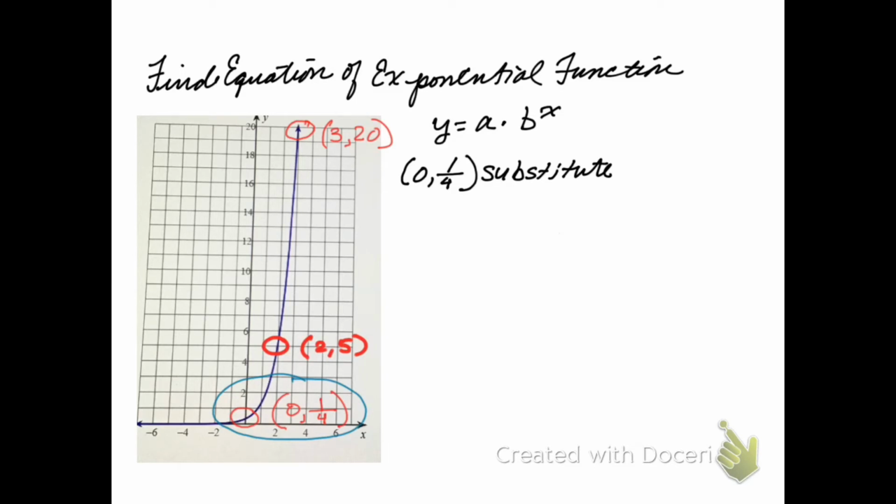So that's going to be y equals 1/4 equals a times b, which I don't know, to the x power, and that's a 0 for the x.